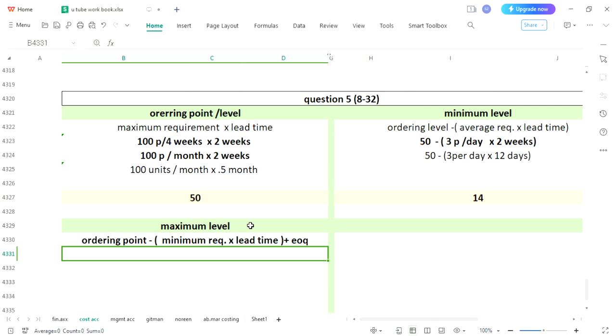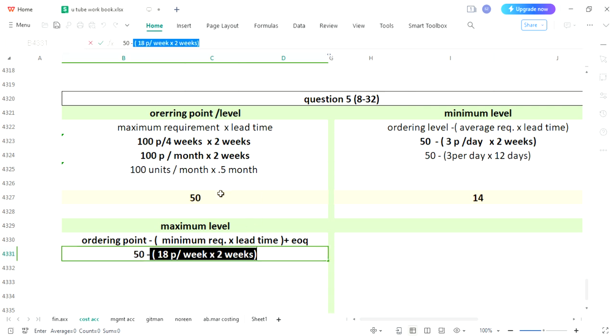First we will put the data according to the raw form given in the question. Ordering point we have already calculated, which is 50. Put it down as it is, minus sign, start, and now you need to put minimum requirement.